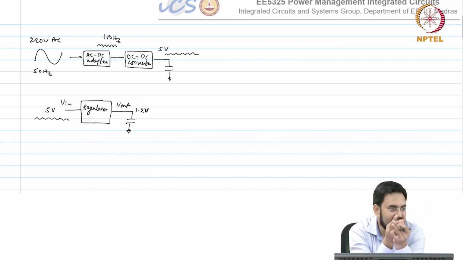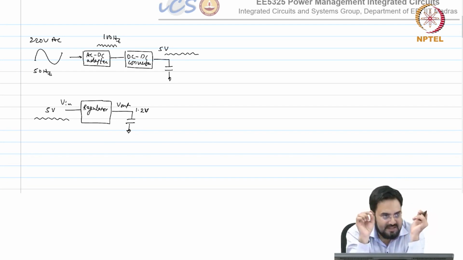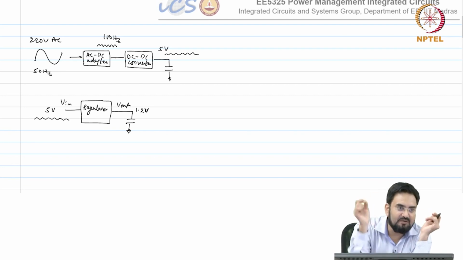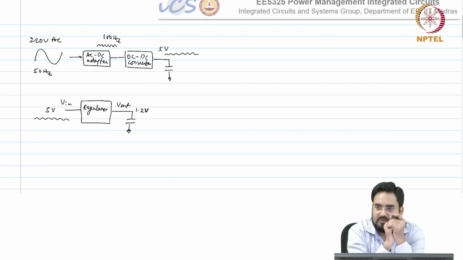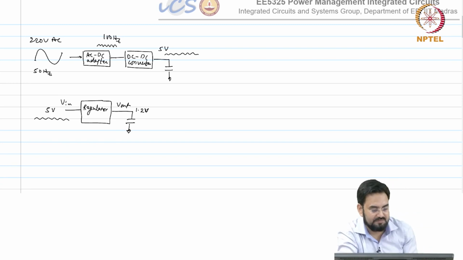One is you just filter it out through the capacitor, which is only possible if you make the output pole dominant. The other way is that it is a feedback system. So, if there is any change in the output, your feedback will try to correct it. What it will actually do, when it sees any ripple in the output, is try to change the gate voltage of the FET in such a way that nothing appears across the V_DS. Okay, so think about this.